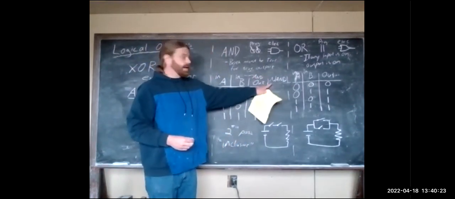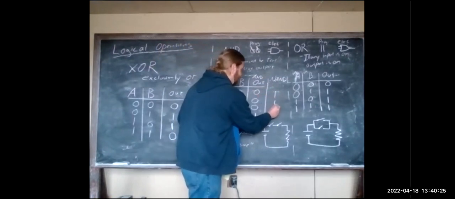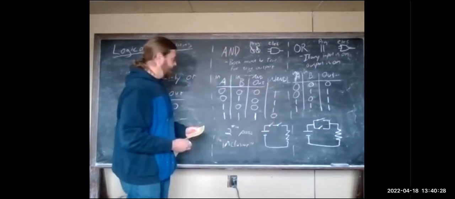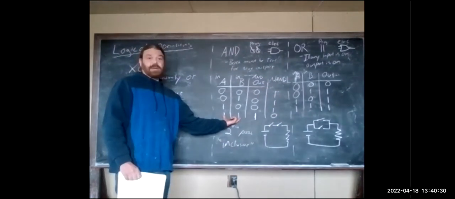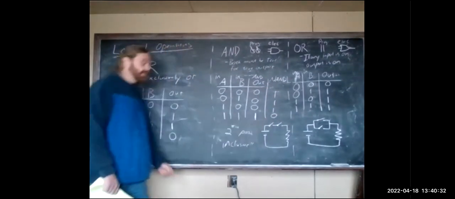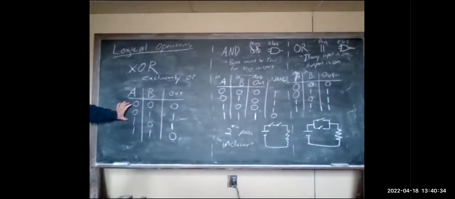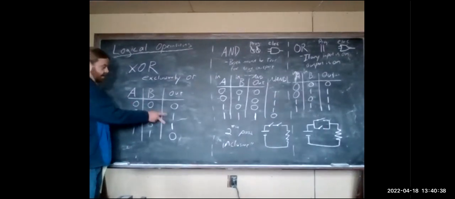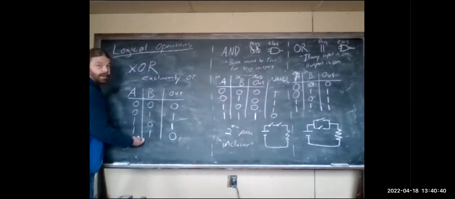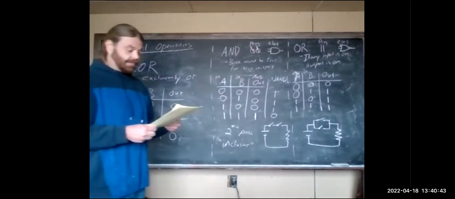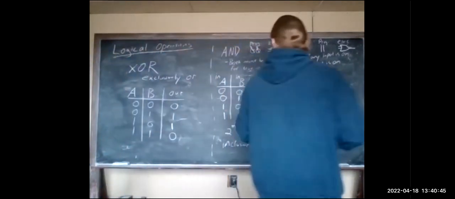So NAND is just the negation of all of these. From the NAND gate, when both of our inputs are on, we get an off. So that's what those two combine to give us the exclusive OR: one or the other, but not both of them. That's a pretty common one as well.